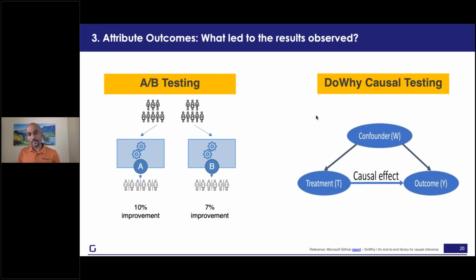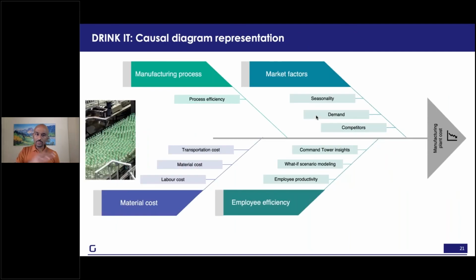Now, in our example for the beverage manufacturer, they identified all of these 4 categories of influencing factors. There was this material cost, the bill of materials, looking at all the labor, materials cost, transportation cost, and all of these employee related factors. And then there were the manufacturing process related factors. And finally, there were these market factors, external influences.